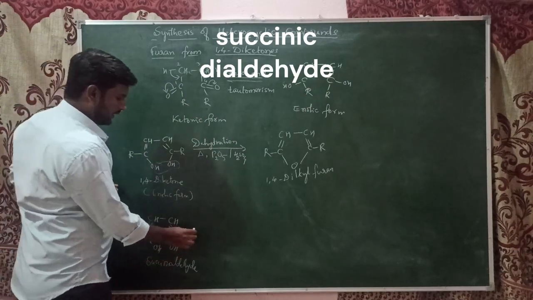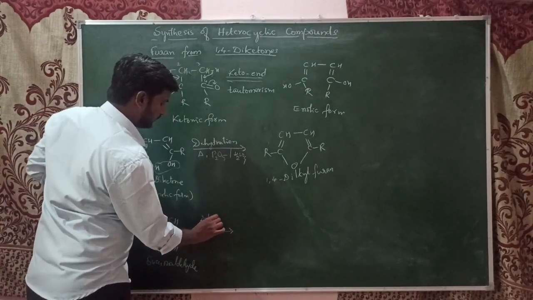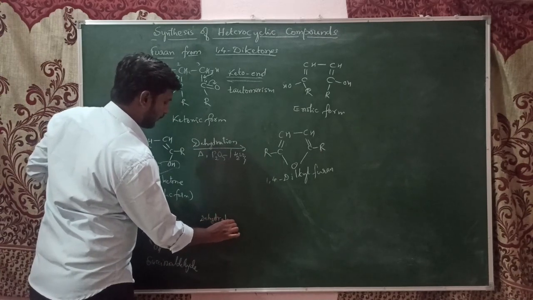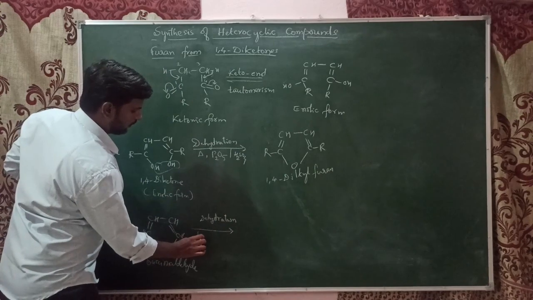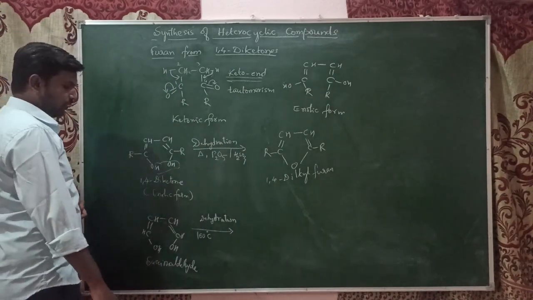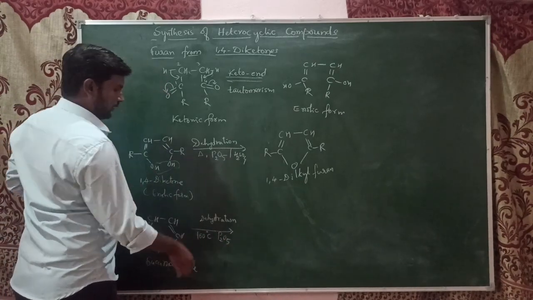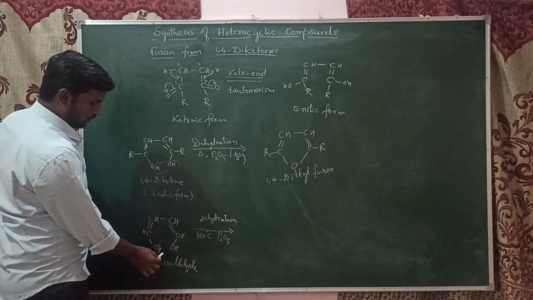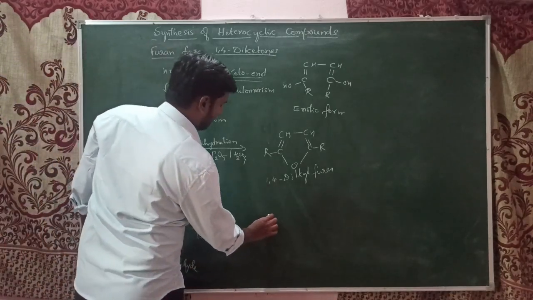So this succinaldehyde also undergoes dehydration, here we can take a temperature around 160 degrees centigrade. It undergoes complete dehydration, same in presence of phosphorus pentoxide or sulfuric acid. Here also dehydration takes place and it gives us furan.